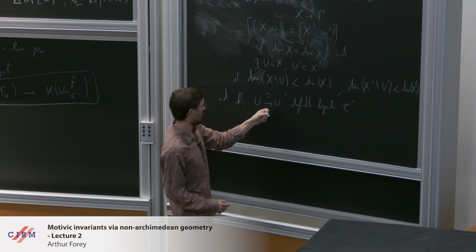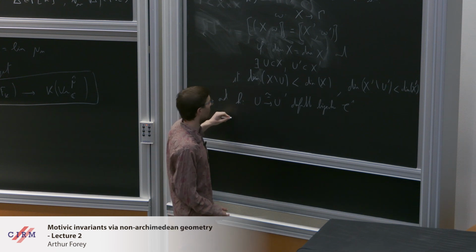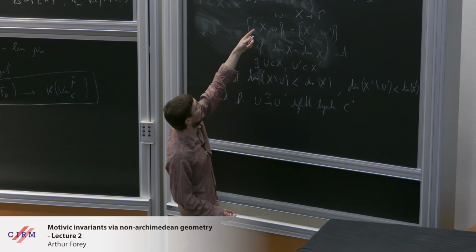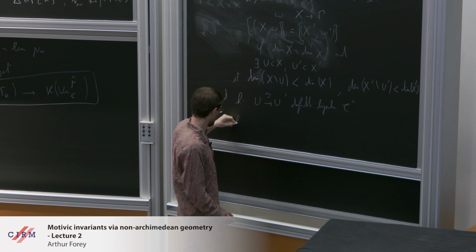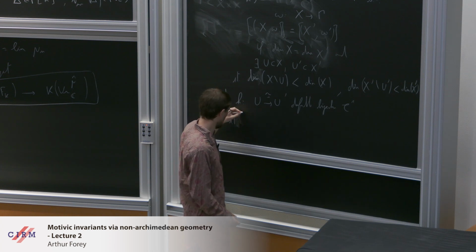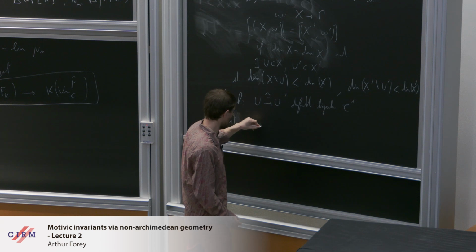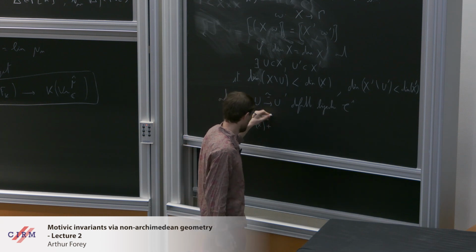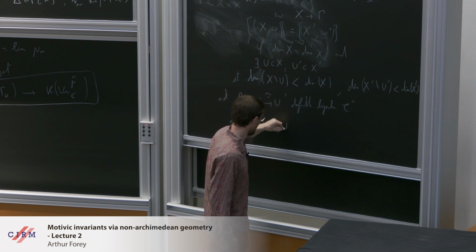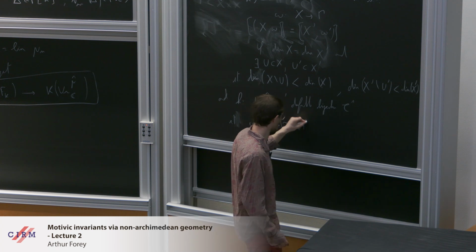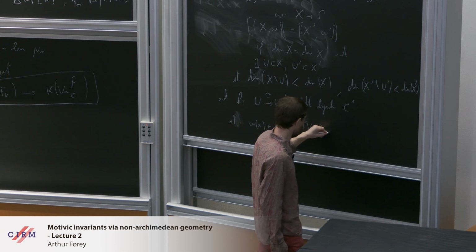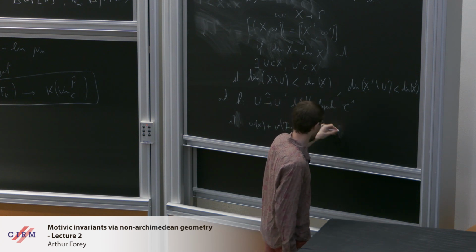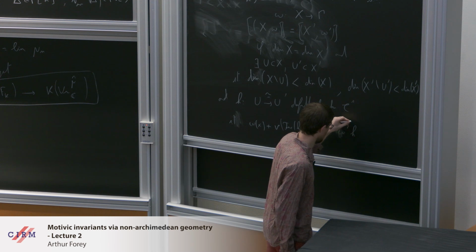So I want this differentiable bijection, and then I ask that the bijection is compatible with the volume forms, in the sense that if you look at omega of x, because it's differentiable, you can take the valuation of the Jacobian of h, so the valuation of the differential at x, and you ask that this is equal to omega' of h(x).